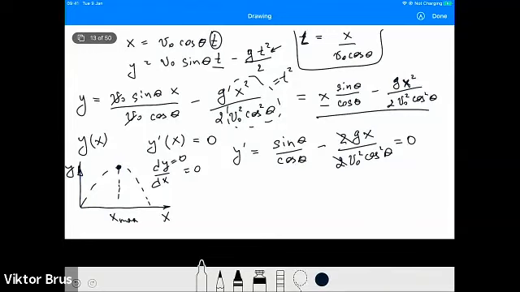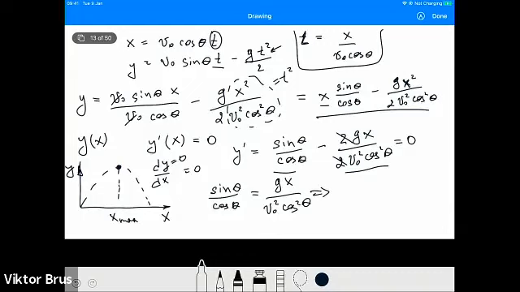So when will it be equal to 0? It will be equal to 0 when this part is equal to this part, so they cancel each other. That's why we can write the following: sine theta divided by cosine theta is equal to gx divided by v naught squared cosine squared theta.